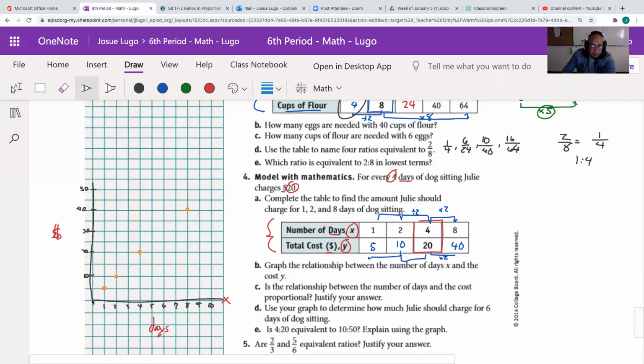In fact, if I were to make a line to join all of these, notice that they make pretty much a perfectly straight line. It's a little off, but that's just because the screen warps it a little bit. But it's essentially a perfectly straight line, right?